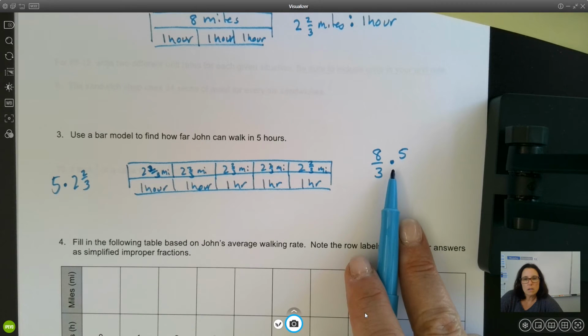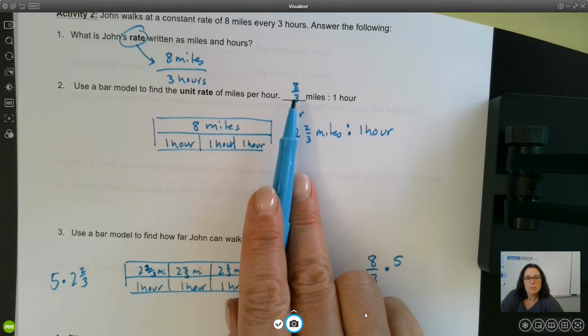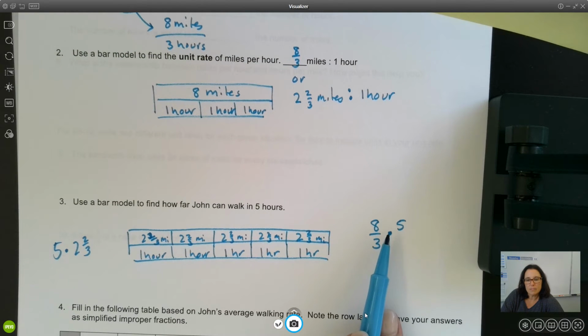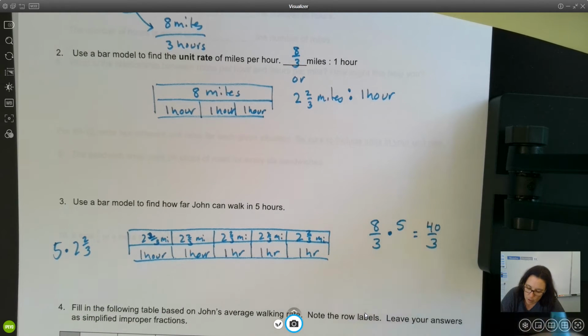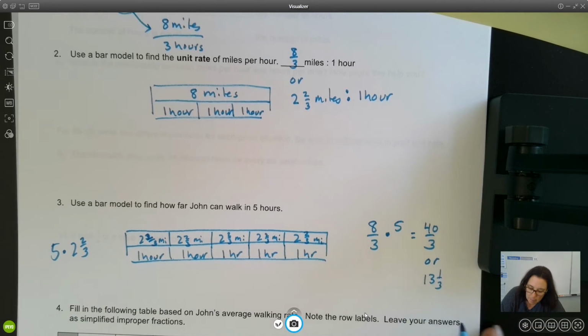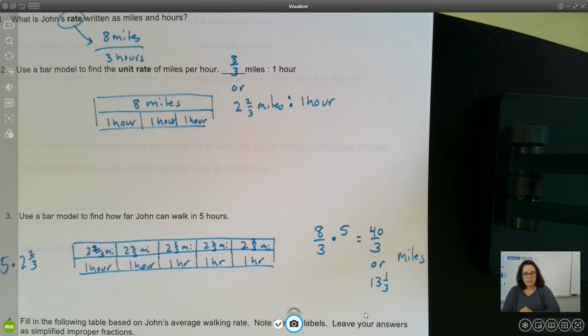Or doesn't it make sense that we can just use this unit rate up here? If we have 8/3 miles in 1 hour, wouldn't we do 5 times the 8/3? So in any way that you look at that, you would end up with 40 thirds, or that comes out to be 13 1/3 miles. Either one of those.